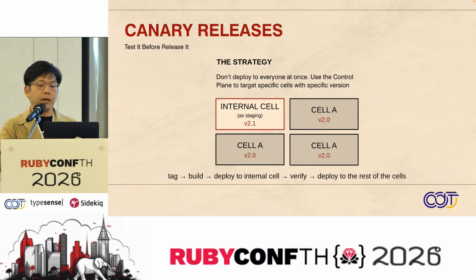The flow looks like this: I build the image with the tag version, and the Rails control plane deploys that version first to the internal cell. We test and verify the new version there. If everything looks good, we take the same image tag and roll it out to other cells, one by one, according to whatever rollout strategy we like. This gives us a staging-like environment without duplicating the entire cluster or maintaining separate staging infrastructure. It's just one extra cell dedicated to internal use.